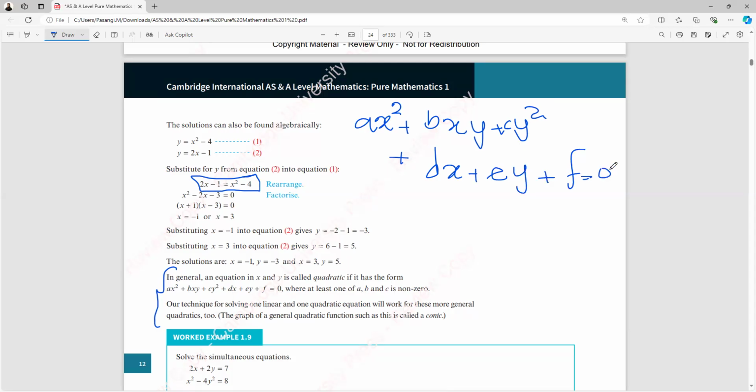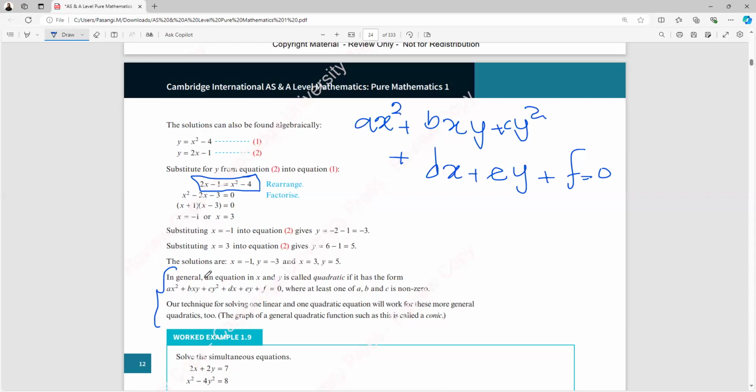Now, what do you think? Is this a quadratic equation, or what is your opinion? Yes, it is. There is an x squared term. It's not linear.